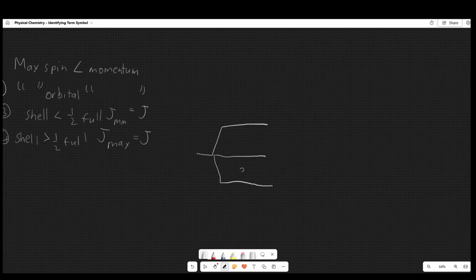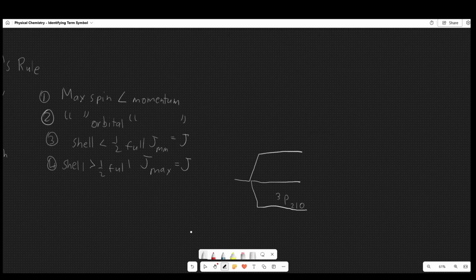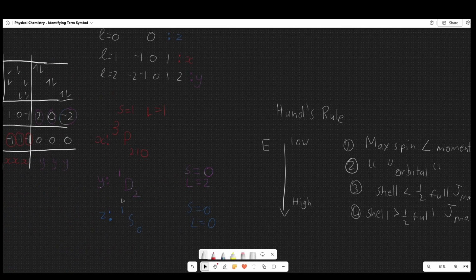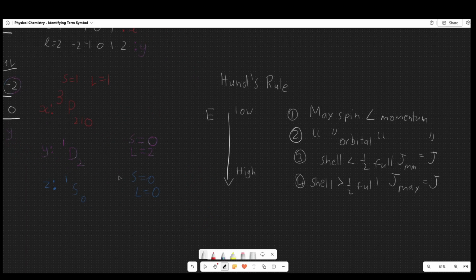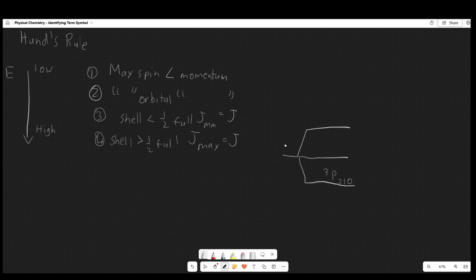Then for the middle one, we look at the orbital; this letter is the orbital. Which one has the most? D, because D is L equals 2. So we're going to put the 1D2 here, and that leaves us with 1S0 here.